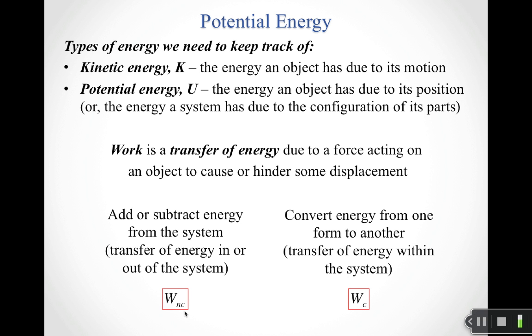But when a special set of forces called conservative forces act on our system and do work, that's not going to change the total amount of energy, but it is going to change how the energy is allocated. So when conservative forces do work, they're going to be able to transfer energy from kinetic to potential or from potential to kinetic.